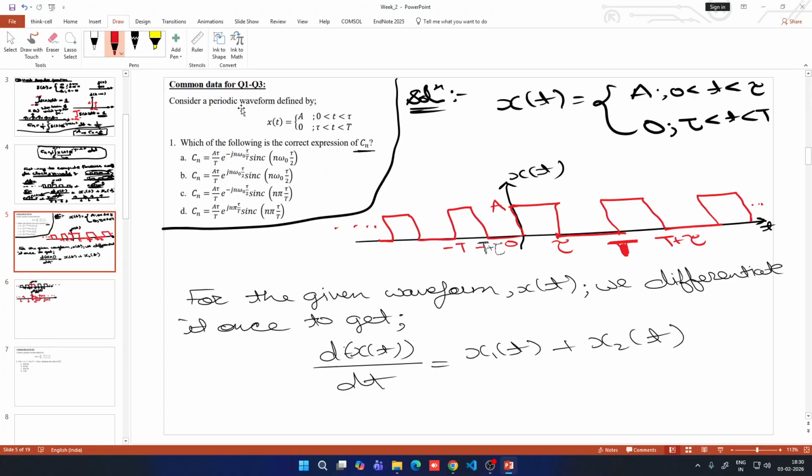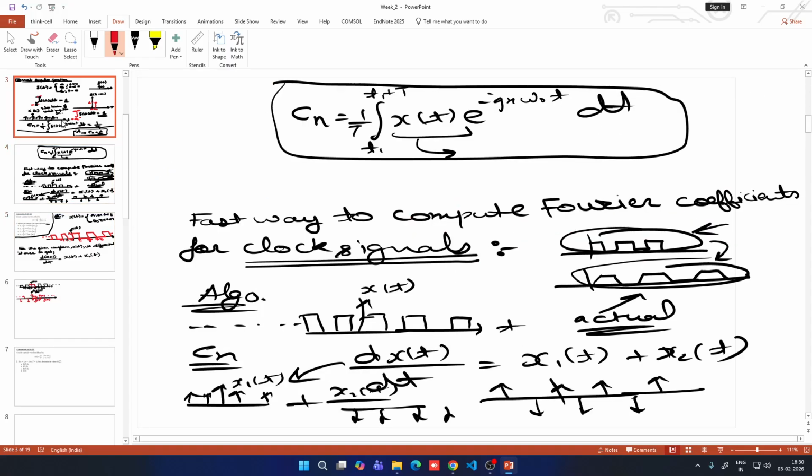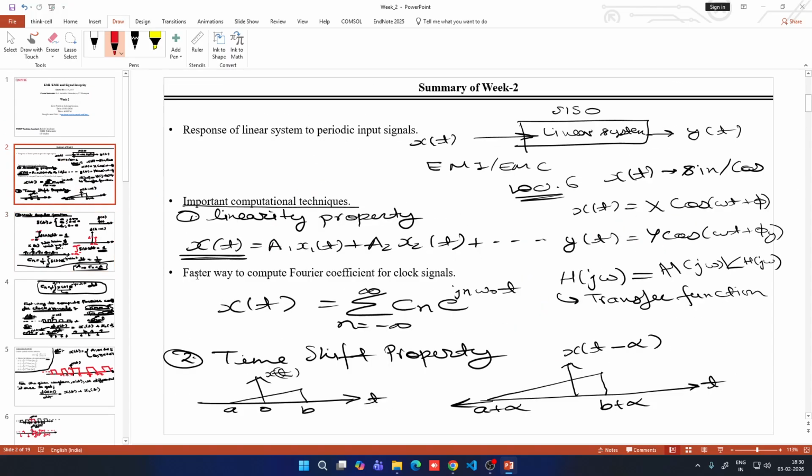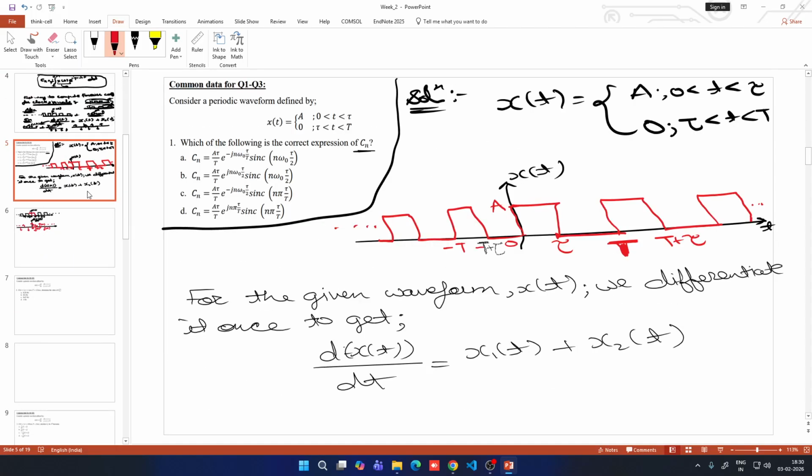For those who have joined now, we are solving question number 1, where we are given x of t, a periodic pulse train, and we have to find the correct expression. These 4 options are given, and out of these you have to select the correct expression of Cn, the Fourier coefficient. We are using this faster way to compute the Fourier coefficient for this clock signal, which has been discussed by the professor.